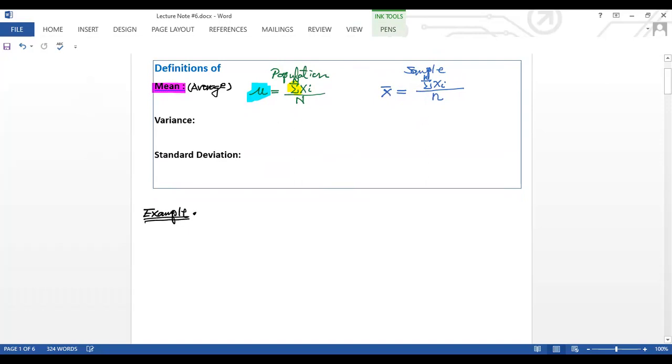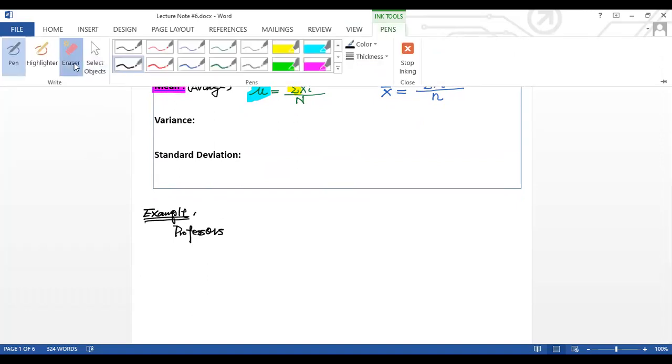So for example, let's just use a very, very simple example. I have 3 professors here. Okay, so I have 3 professors.